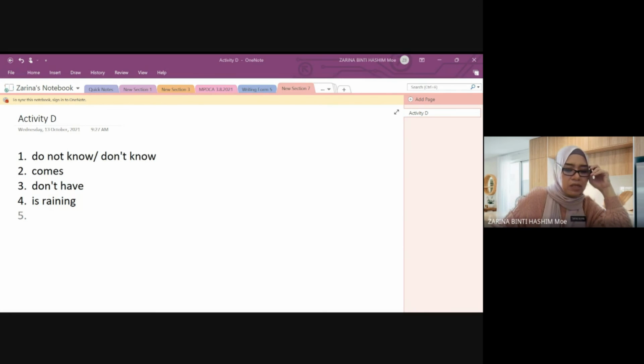Okay. So number 6, you can see Saranya's answer. Number 5, you can see one's answer. The rest, you have to do your correction for number 5 and 6. Number 5, one's answer is correct. I'm showing it now. Number 6, Saranya's answer is correct. Number 1, don't know. Number 2, comes.